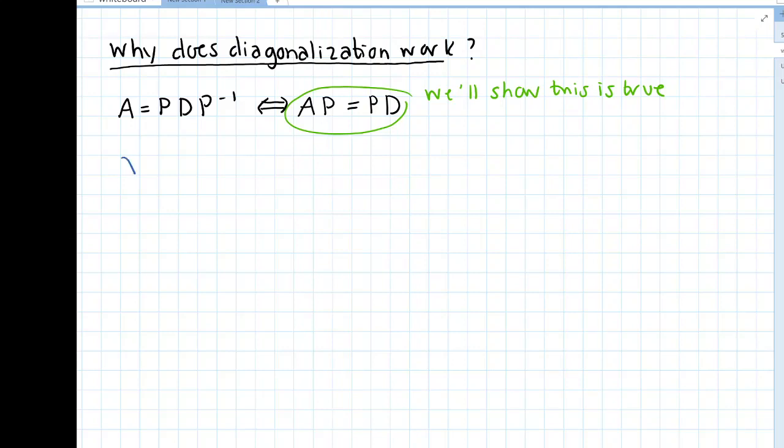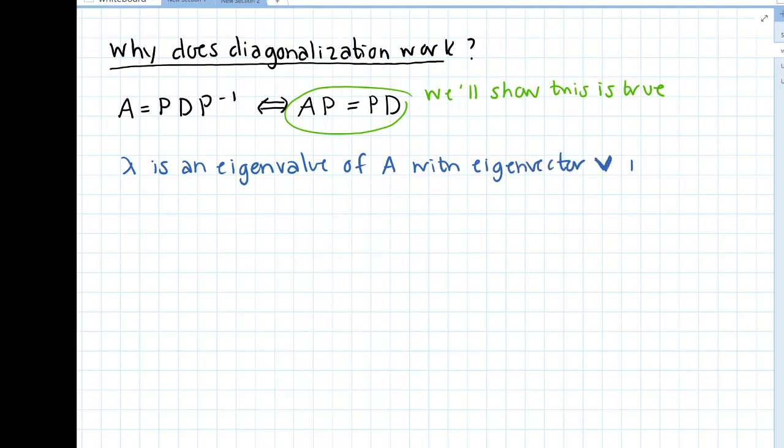Remember that lambda is an eigenvalue of A with a corresponding eigenvector V if when you take A and multiply it with that vector V, you get the same thing as scaling that vector V by lambda. So really important that you know that.